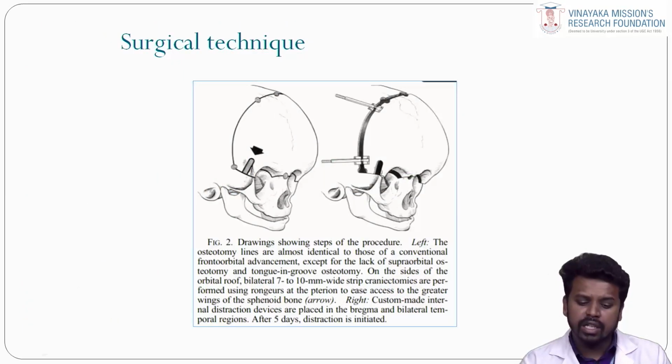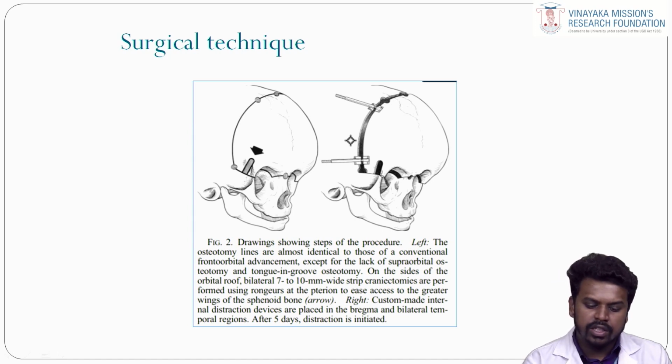The surgical technique: the frontal bone can be advanced by distraction osteogenesis. The osteotomy lines are almost identical to those of conventional fronto-orbital advancement, except for the lack of supraorbital osteotomy and tongue-in-groove osteotomy.